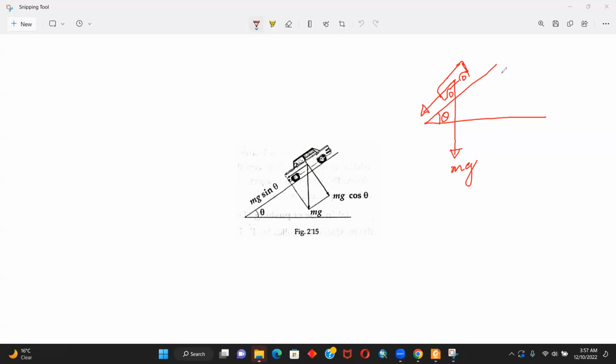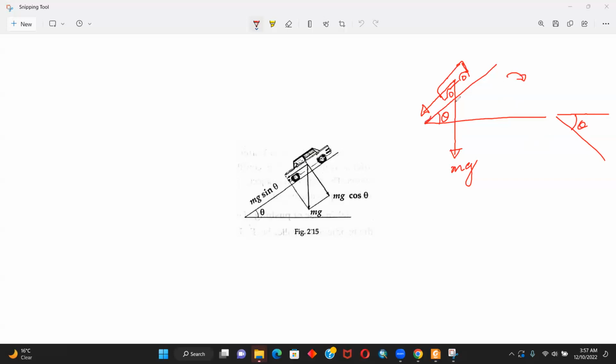If I rotate this platform by theta degrees, it will look something like this. I have rotated it somewhat, like this, right? Understand my point? Then the whole system gets rotated.